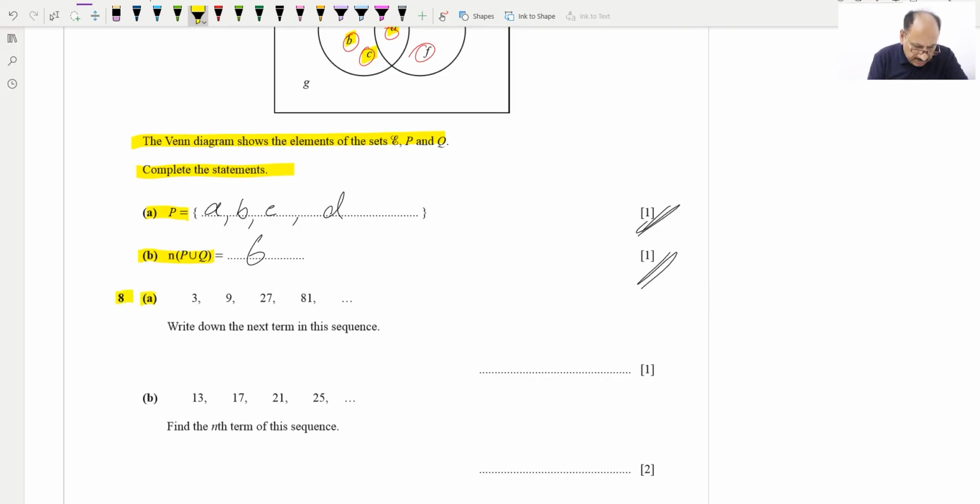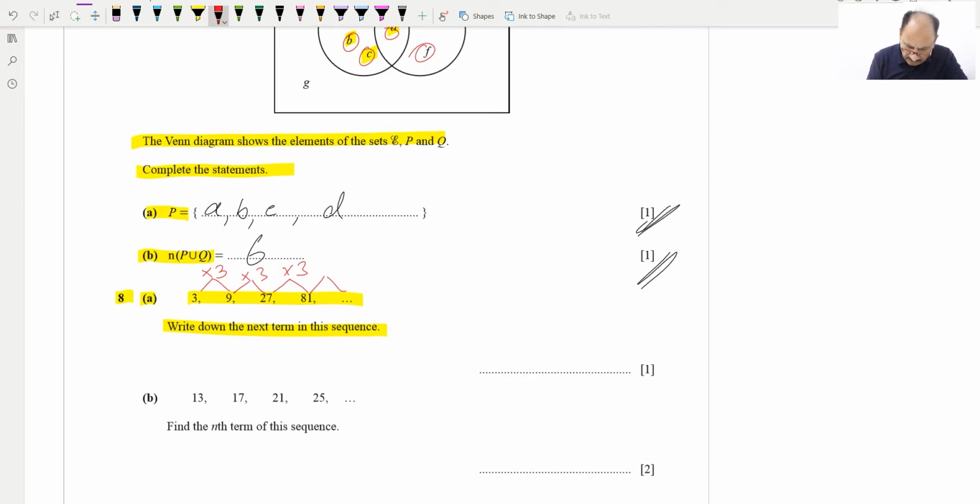Now question number 8, A part. This is the sequence provided. Write down the next term in the sequence, and we need to check the interval. We are basically multiplying by 3. 3 multiplied by 3 is 9, 9 multiplied by 3 is 27, 27 multiplied by 3 is 81.